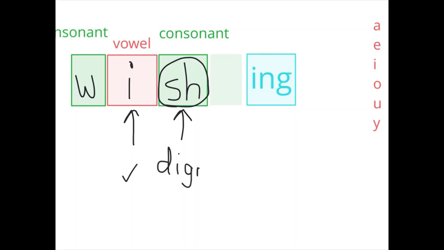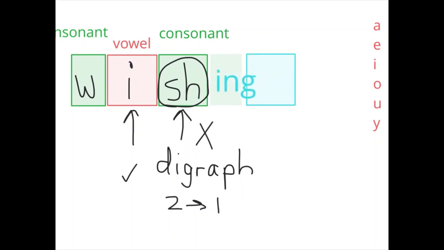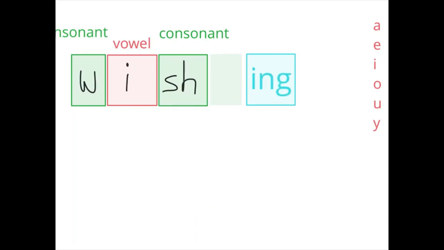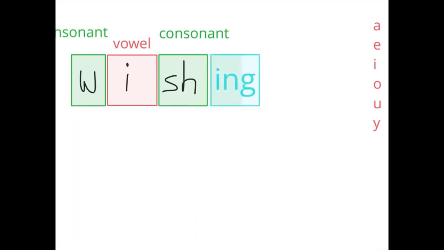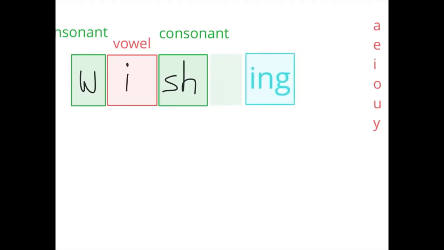A digraph is when two or more letters make one sound. So we only want one letter here, so that does not work. So we will not double the final consonant. We will just add ing, wishing. Okay, let's try another word.